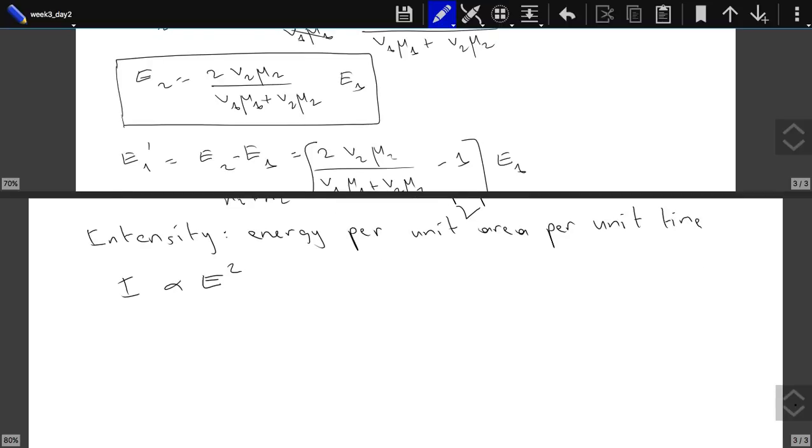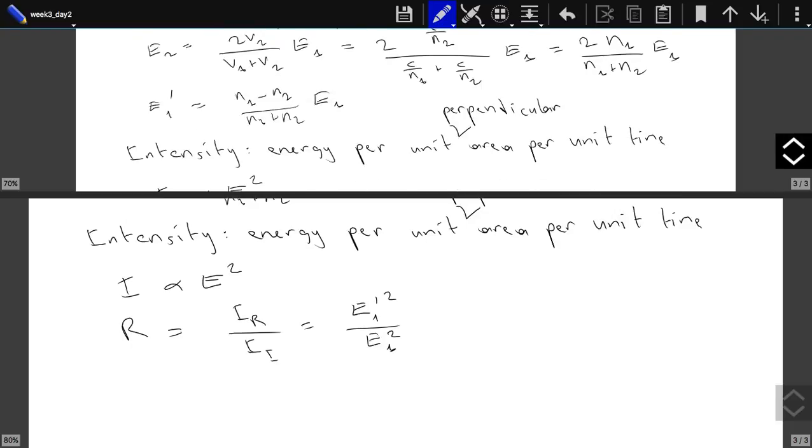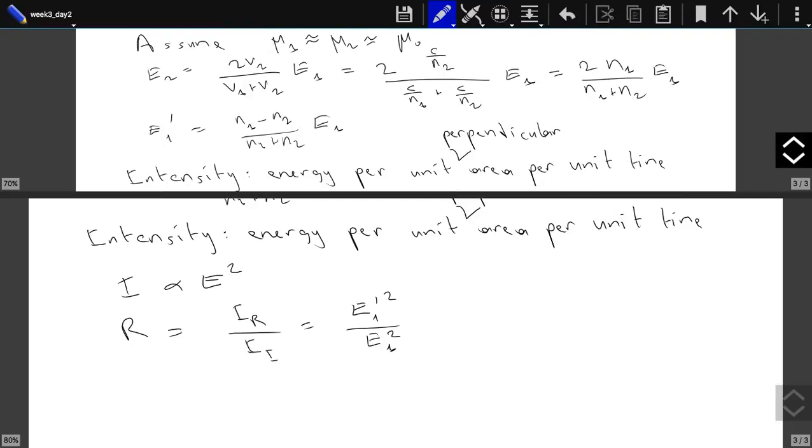And let's say we define the reflection coefficient as basically the reflected intensity divided by the incident intensity. This is equal to E1 prime squared divided by E1 squared. Let's just look at the simpler case where we assume that all mu's are equal to mu 0.